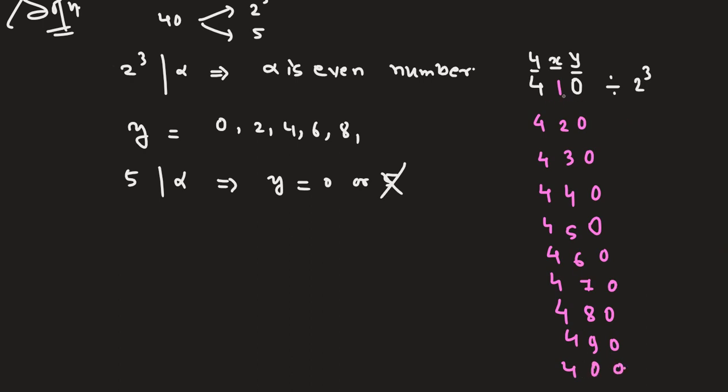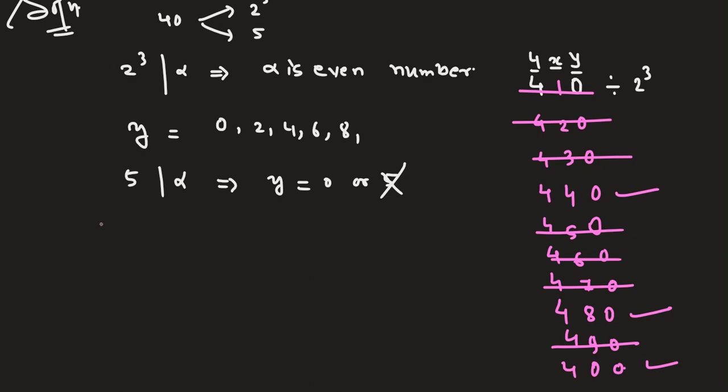410 is not divisible by 8. 420, 5 into 8 is 40, 20 is not divisible by 8. 430 is not divisible by 8. 440 is divisible by 8. Then the next ones are not divisible, and the ones ending this way are divisible by 8.